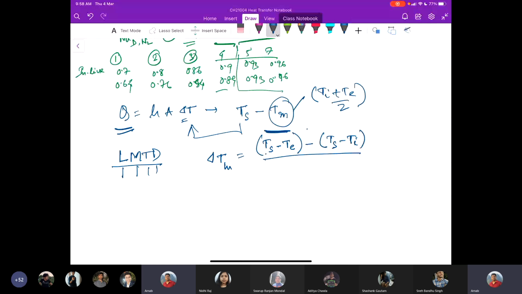Okay, so we are having a difference here. We are having a difference at the inlet, and now the difference between those two differences is the numerator, divided by the logarithmic value of these two differences.